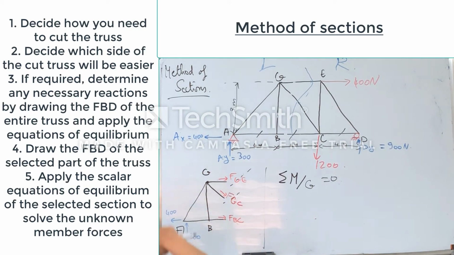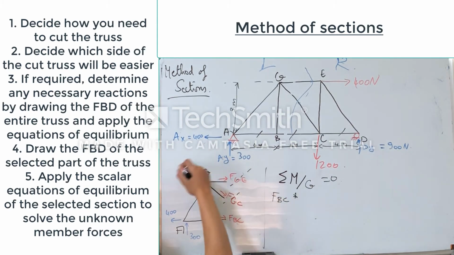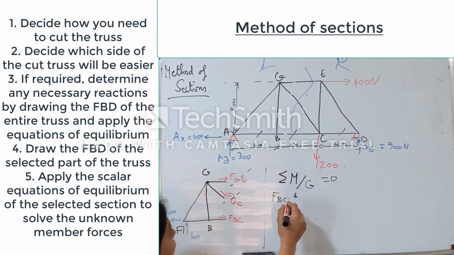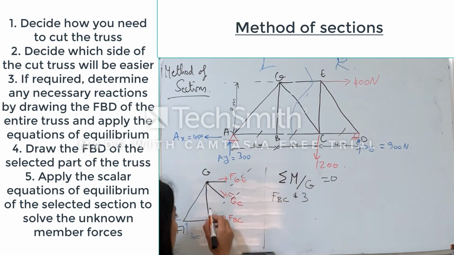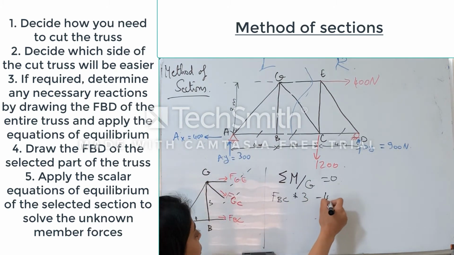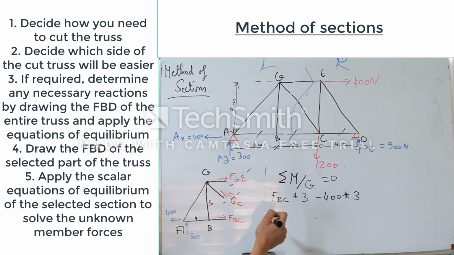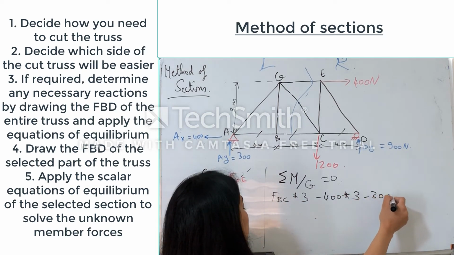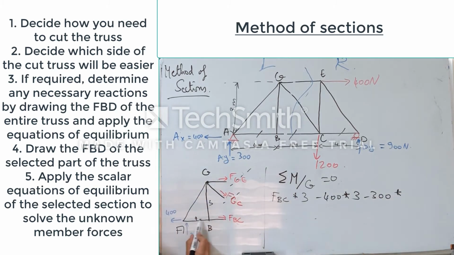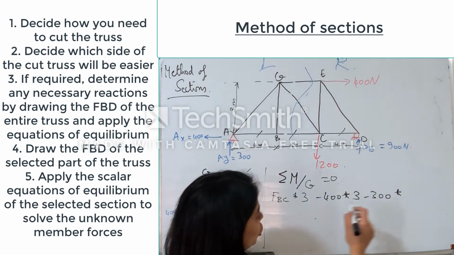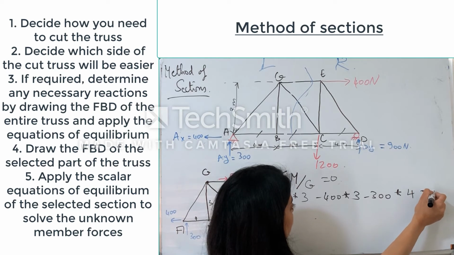I will also assume that counterclockwise is positive, which means FBC times the height, which is 3, because this is a 3 in fact, and this is 4, minus 400 times 3 minus 300 times this distance here from A to G, which is 4, is equal to 0.